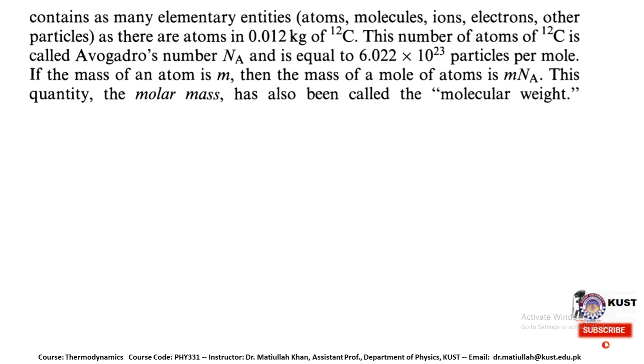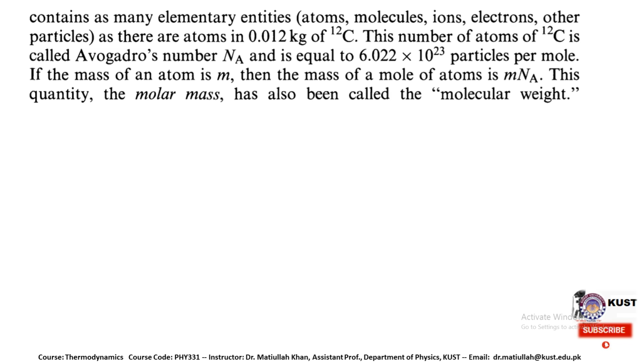And what is a mole? A mole contains as many elementary entities, that are atoms, molecules, ions, electrons, and other particles, as there are atoms in 0.012 kg of carbon 12.